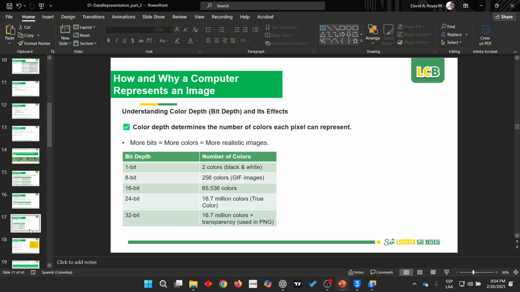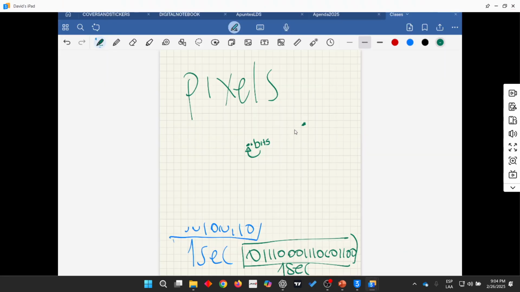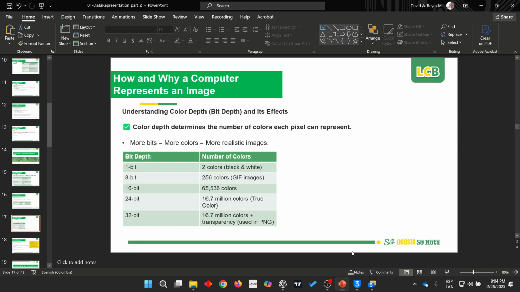Let's continue with this one. The color depth determines the number of colors each pixel can represent. As I told you when I showed you this part, the more bits you use, obviously the better the quality of the image is going to be. Look at this.